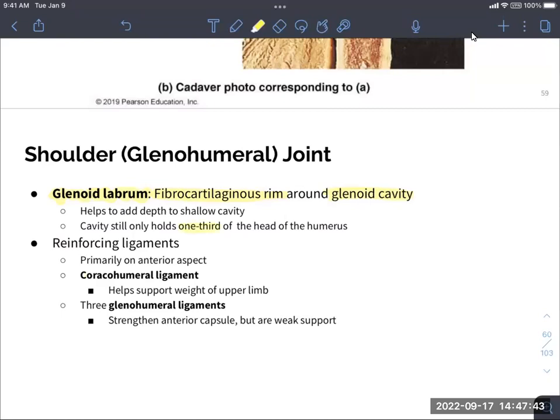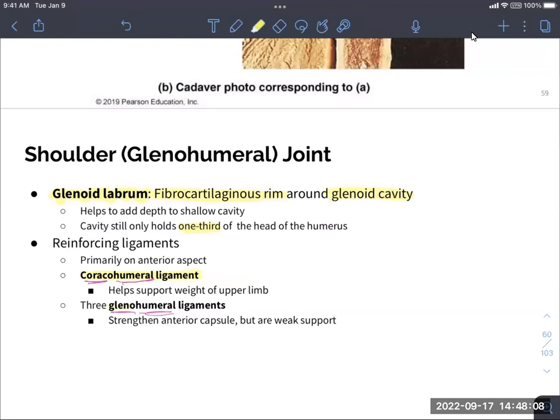So we have that coracohumeral ligament. These ligaments are named for where they start and where they end. So coraco, that's the coracoid process. Humeral, oh, it goes to the humerus. Coracoid process to the humerus. That's where the ligament goes. Glenohumeral ligament.